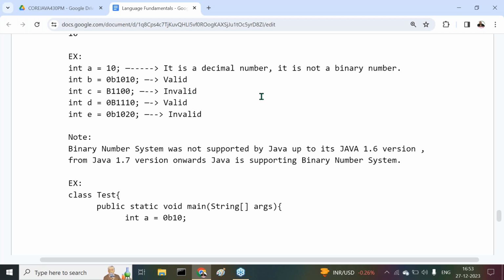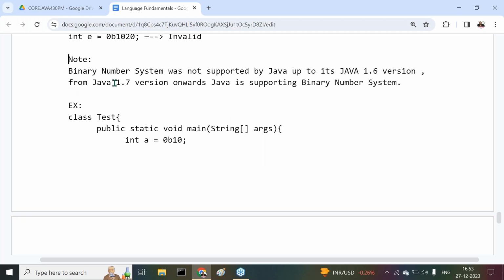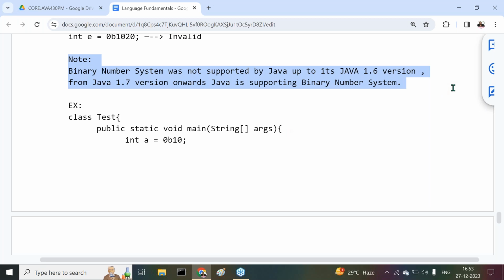After that, I gave one note in the last session. Binary number system was not supported by Java up to Java 1.6 version, but from 1.7 version onward, Java is supporting the binary number system.